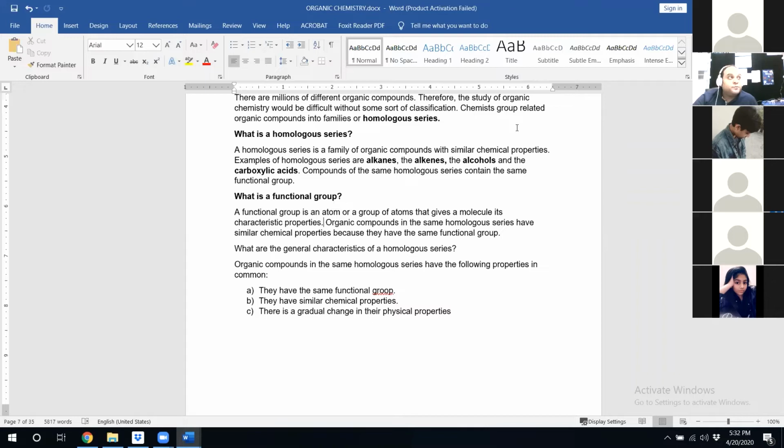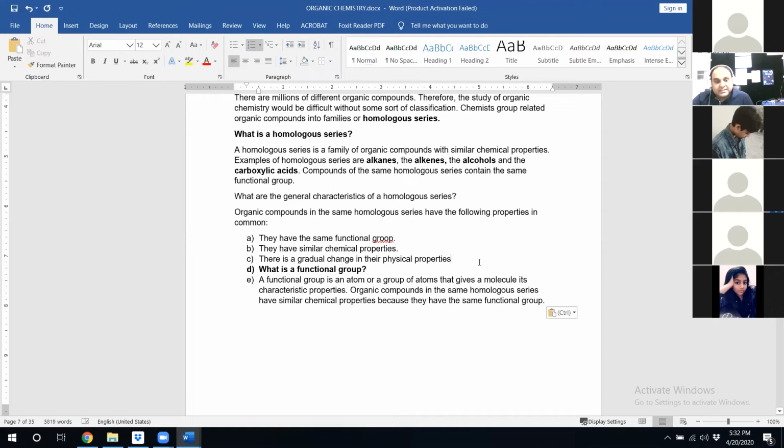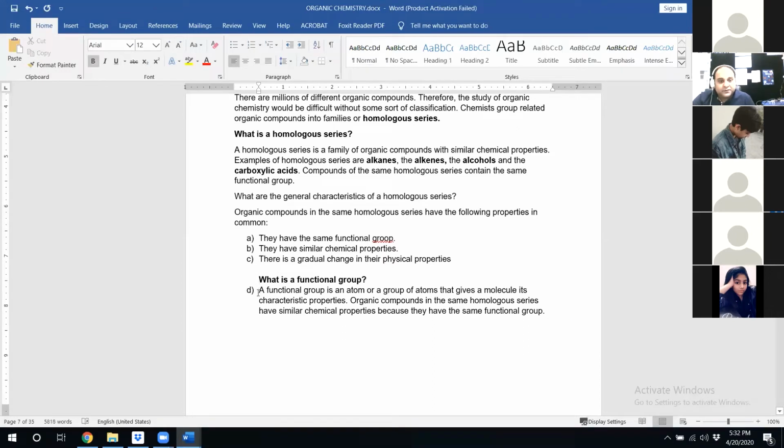So what can the functional group be? As we discussed earlier, it could be an alkane, it could be an alkene, it could be an alcohol, it could be a carboxylic acid. So what are the different functional groups?